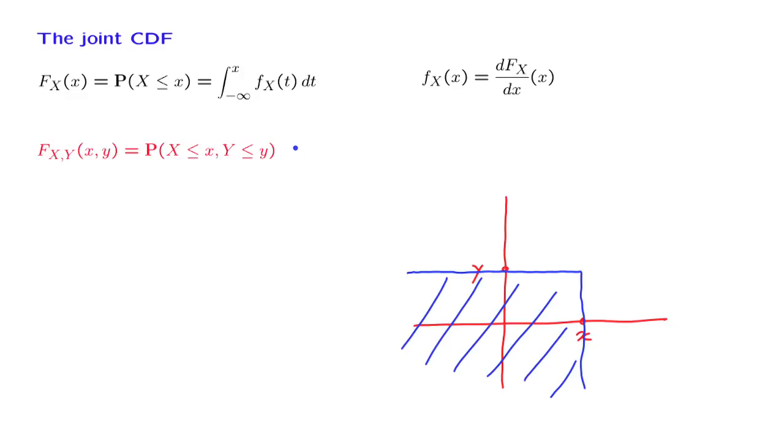This probability can be found by integrating the joint PDF over the blue set. And since we're using x and y to be some specific numbers, let us use some different dummy variables to carry out the integration.